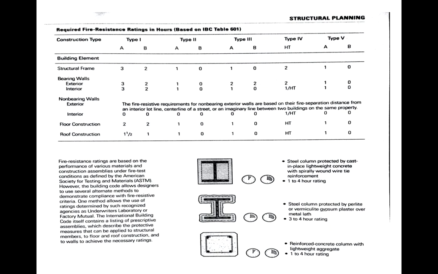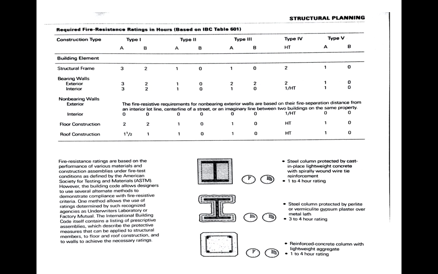The way that we do this, as you've seen in your code coursework so far, is that we have what are called fire ratings. And usually type 1 construction will rely on fire ratings of 2 to 3 hours. So as you can see here, structural frame, bearing walls, floor construction, and roof construction, these all have pretty onerous considerations, right?